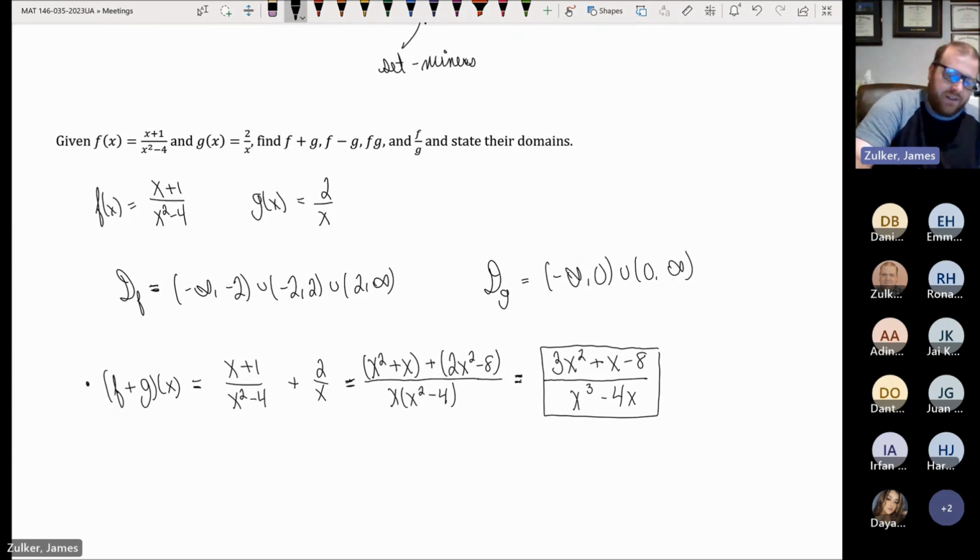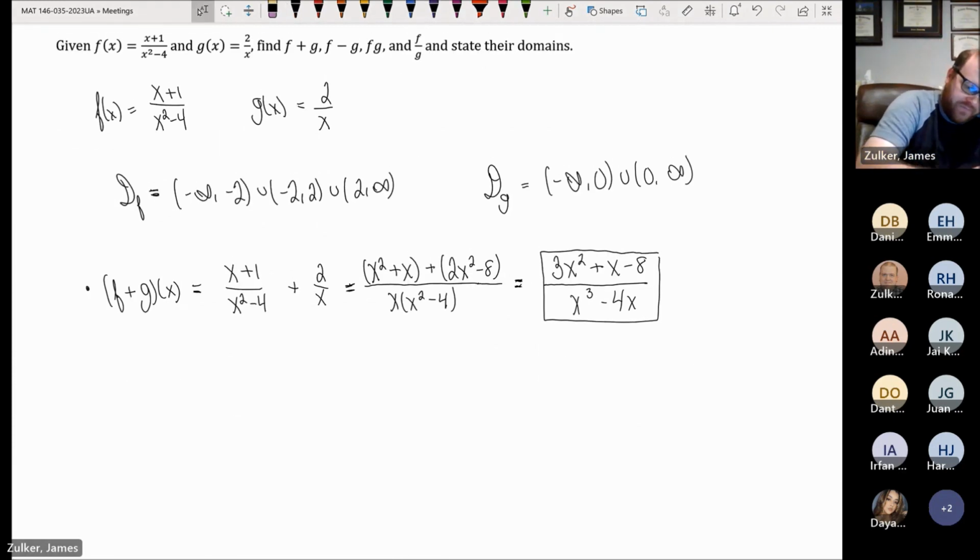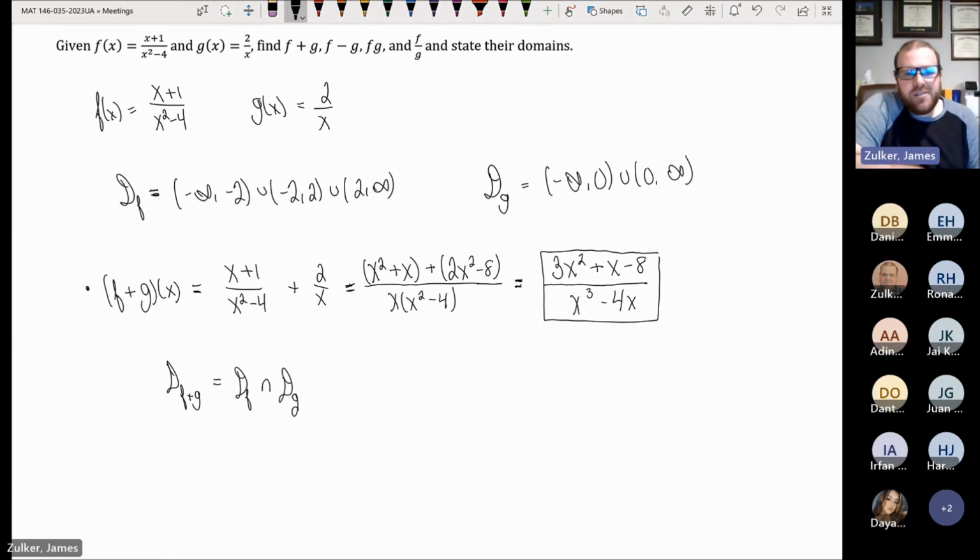Now we need its domain. So remember, the domain is the intersection of the domains.